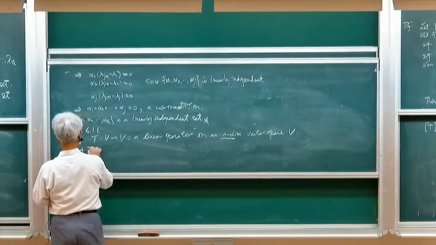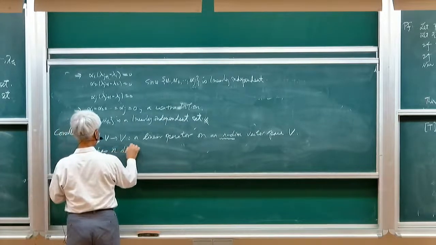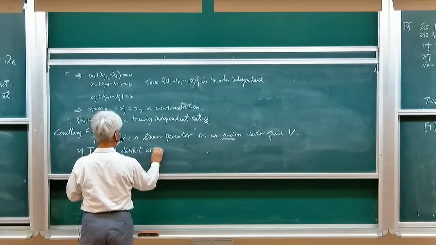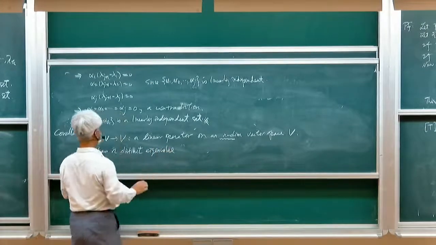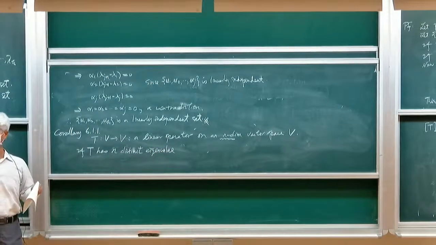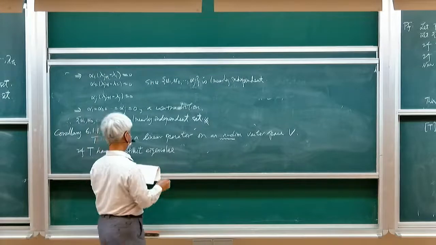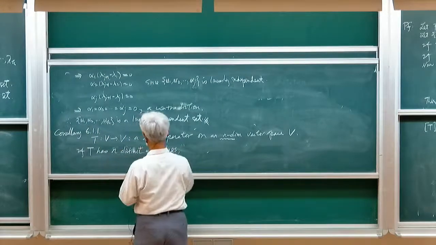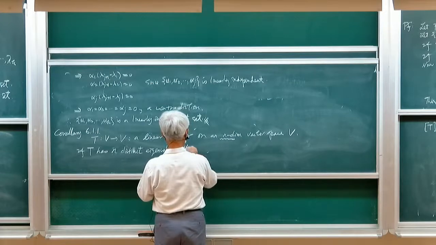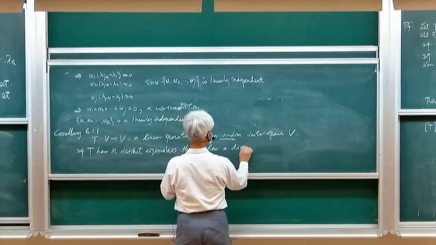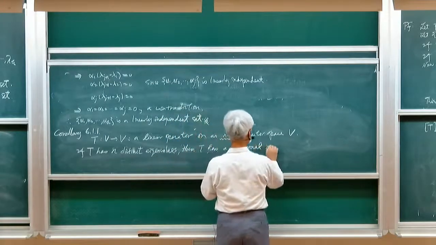If T has n distinct eigenvalues, so if you split the characteristic polynomial and find that it can be split into n different linear factors, then it has n distinct eigenvalues. So if T has n distinct eigenvalues, then T has a diagonal matrix representation.